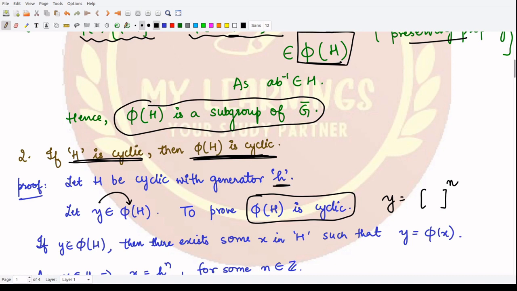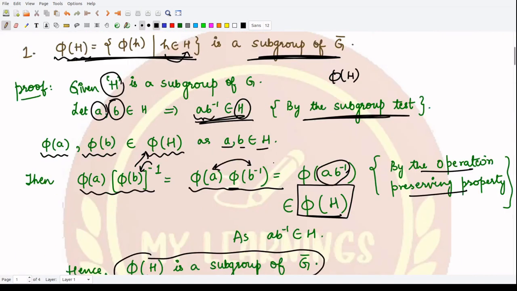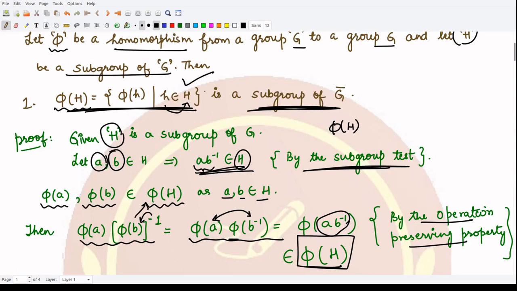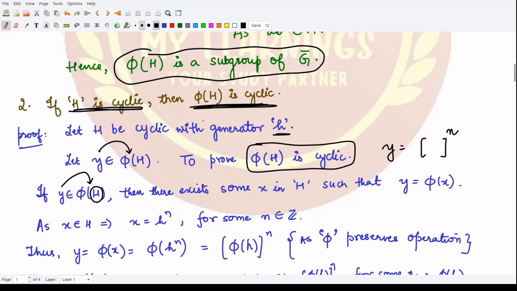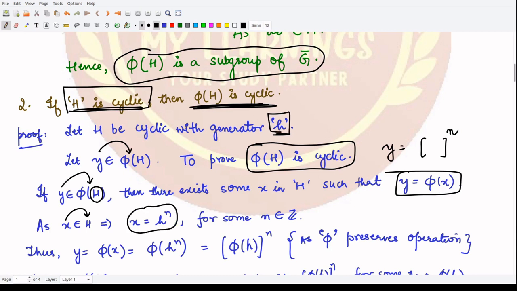Now if y is present in phi of H, that means there exists some x in capital H such that y equals phi of x, by the definition, right? Now because x is present in the subgroup capital H, and because we have assumed this to be cyclic with generator h, you can write x as some power of h, where this power is some integer.